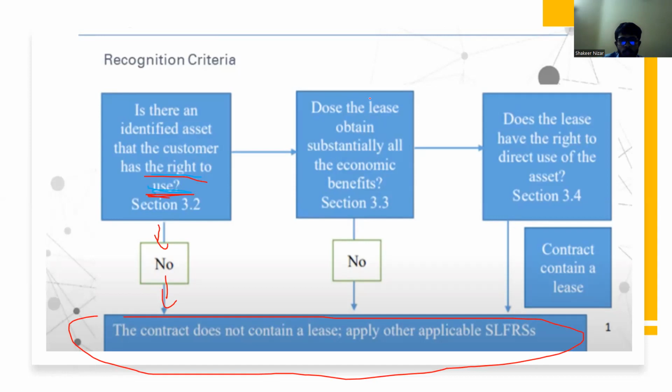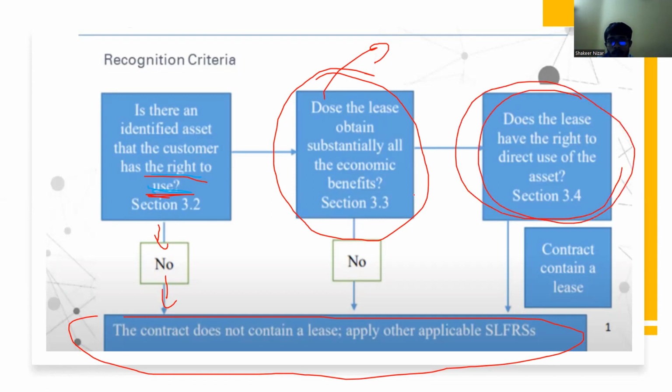Does the lessee obtain substantially all economic benefits, rather than there being any restriction for the lessee? If there is a restriction for that particular user, there is no lease contract.